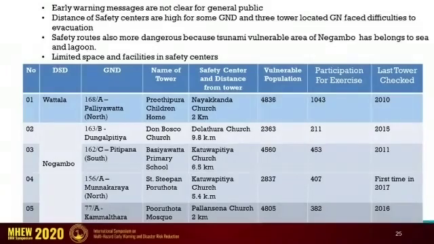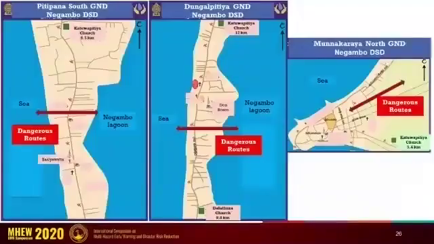Therefore, the evacuation routes are very dangerous and space for the safety centers is limited, because for a long period of time we didn't use these safety centers. Therefore, there is no annual practice of using them for other flood or landslide hazards. Therefore, these safety centers also need to be developed.